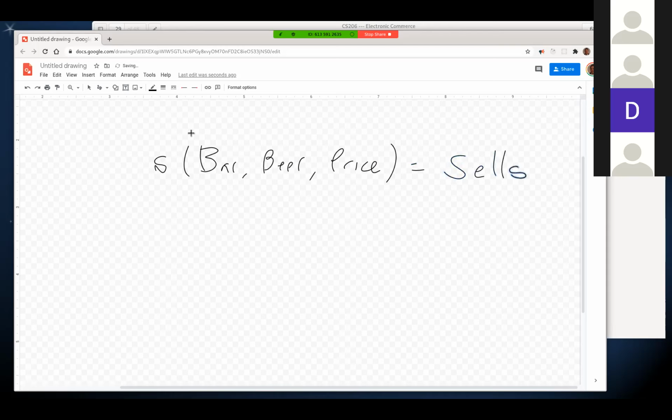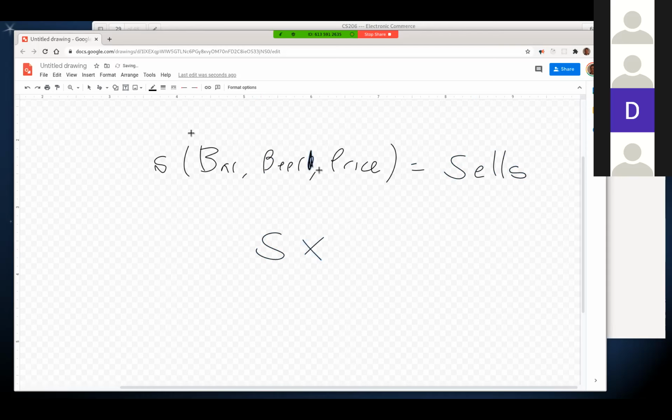Now we're making a copy of Sells into this new S table. Let's do it in an elementary way, the way they did it. I'll call it beer1, so that's going to be called beer1, price.